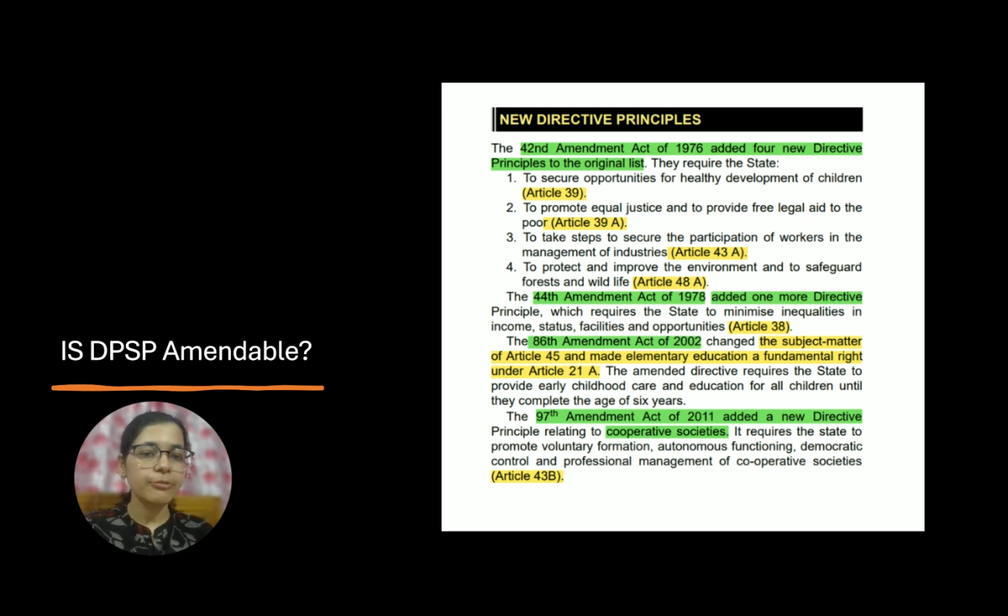Through the 44th Amendment Act of 1978, we added one directive principle, Article 38. Through the 86th Amendment Act, we changed the subject matter of Article 45 and made elementary education a fundamental right under Article 21A. Through the 97th Amendment Act, we added one new directive principle, Article 43B, on cooperative societies.